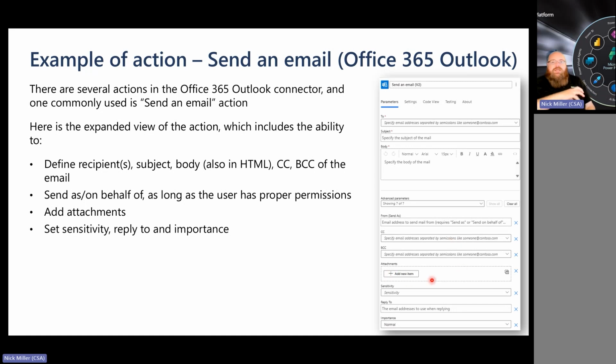So if we're creating and generating documents based off SharePoint lists and mapping them to a template and creating that PDF file, we can automatically attach it to an email and send it. We can set sensitivity labels and also set up who the reply to goes to. So if we're building this with a service account and people have a question, we don't want it to come to the service account because we're not monitoring that.